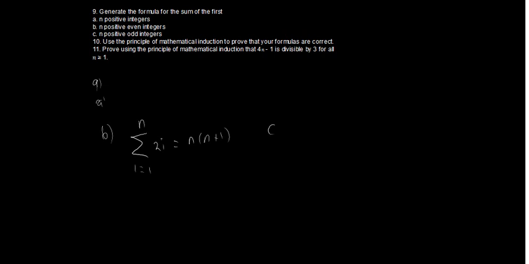Then for C, the solution should be the summation i equals 1 to n, where the standard form of an odd number, in the way I solved it, was 2i minus 1, is equal to n squared. You can do this in whichever way you wish to solve it, but this is it for this part of the question.